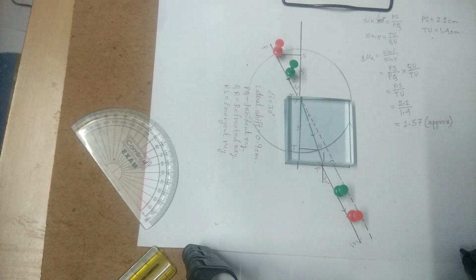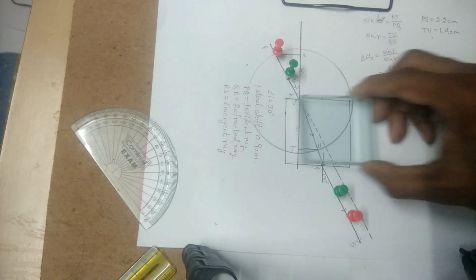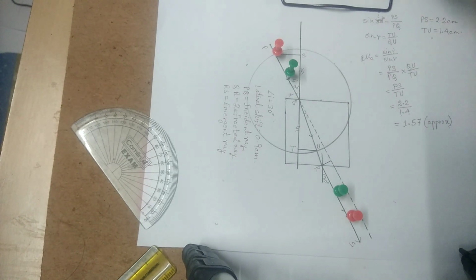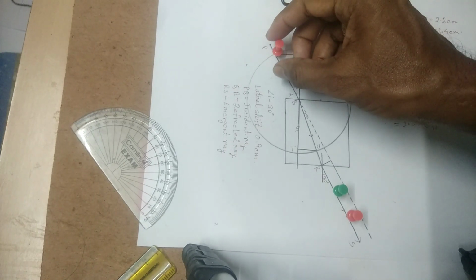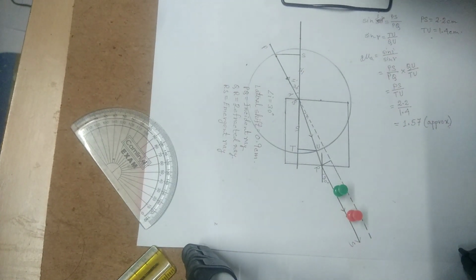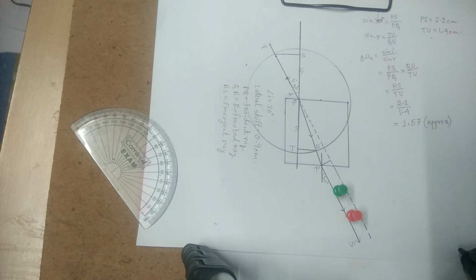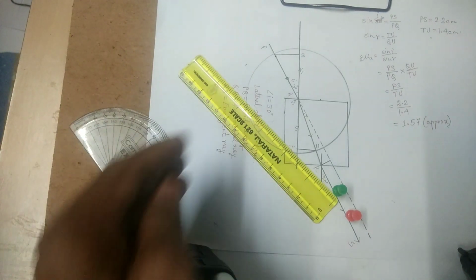Now take out the pins. Now take out the slab. And with this, take out this pin also. And now with this pin, make a straight line with this pin.